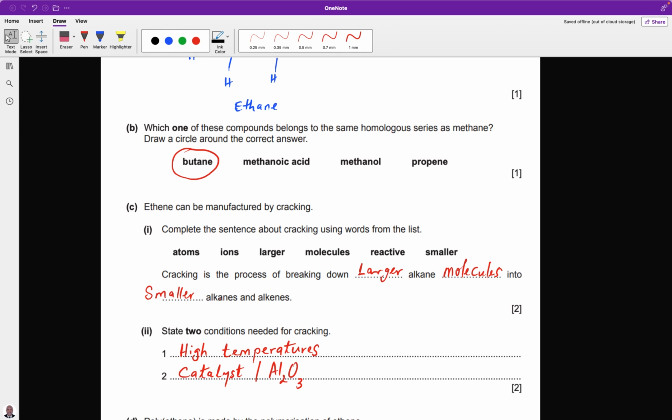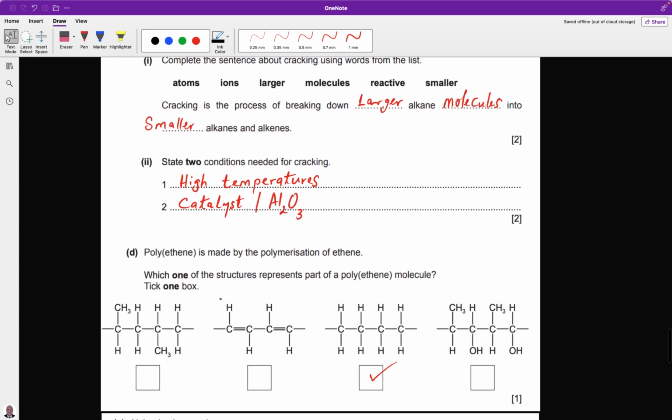Cracking is the process of breaking down larger alkane molecules into smaller alkanes and alkenes. So the words required are larger, molecules, and smaller. You have your 2 marks.